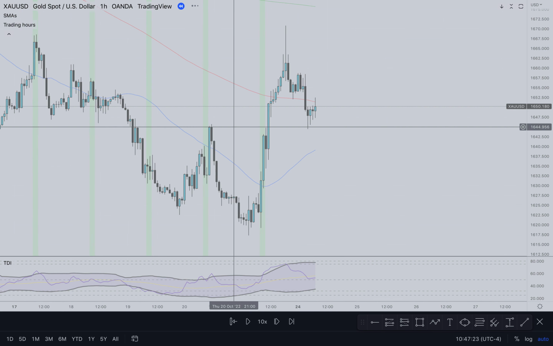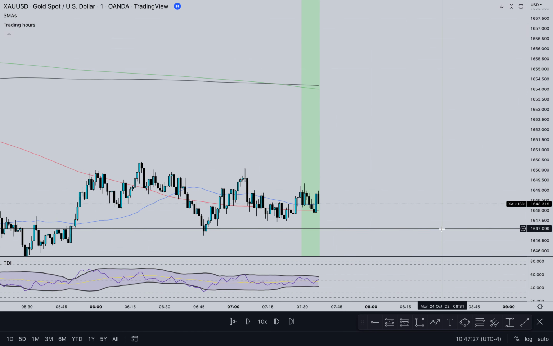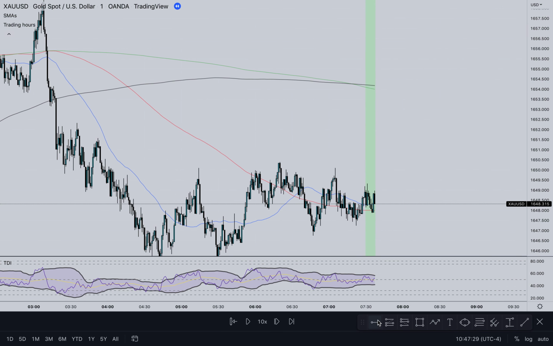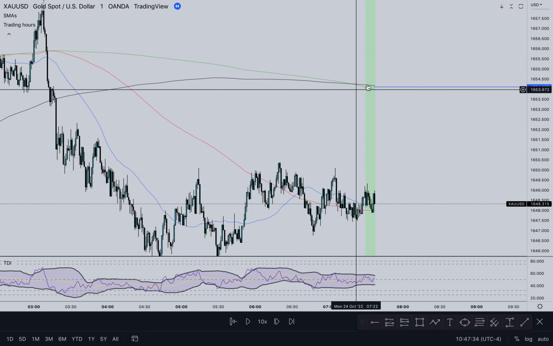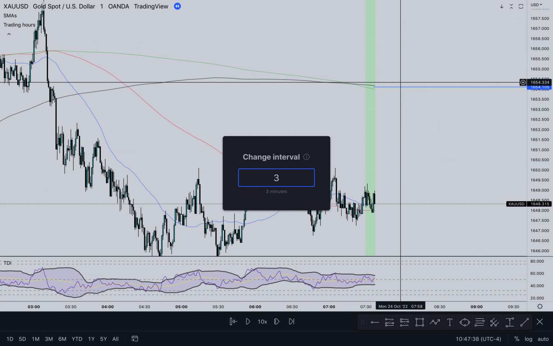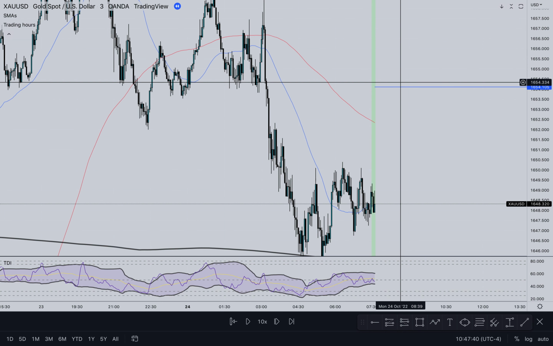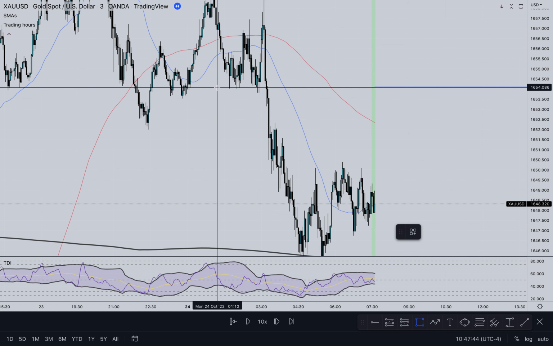Usually I just look for the 800 moving average. So with the 800 moving average, we got it right here. I pinpoint a horizontal ray right there just to make sure is there any other moving averages in the way in that area. Okay, we also see this potential mitigation zone.